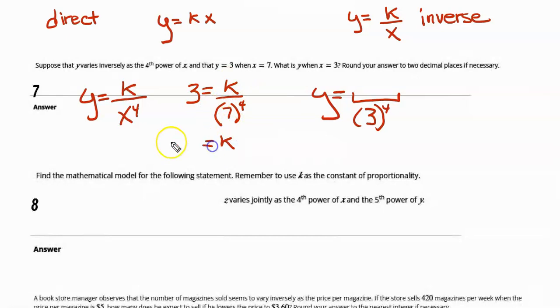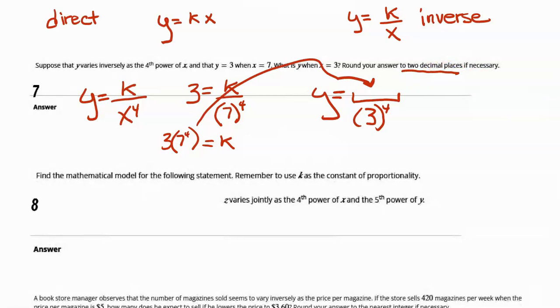K now equals 3 times 7 to the 4th power, which will be this. And then we're going to divide this by 3 to the 4th power, and then round to 2 decimal places. Let's see what you get.